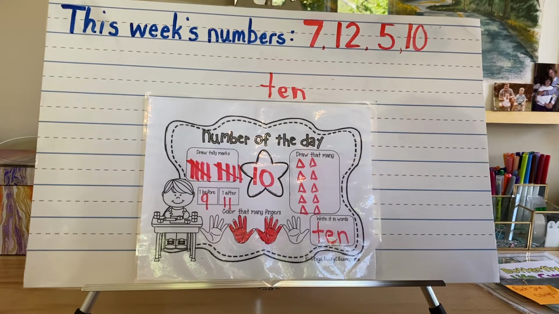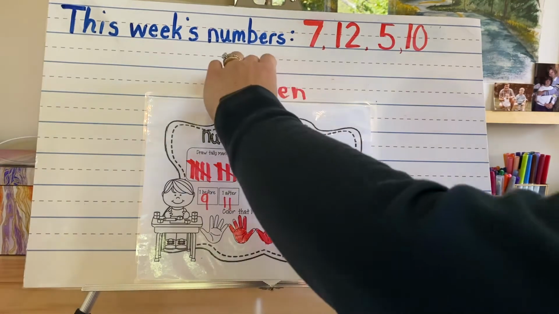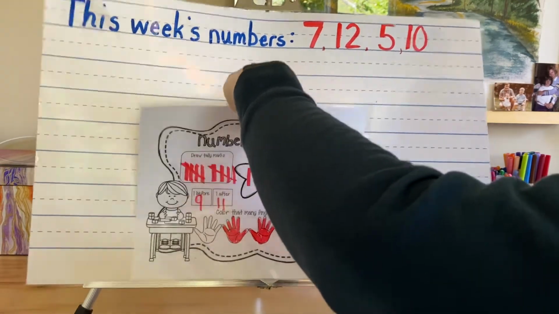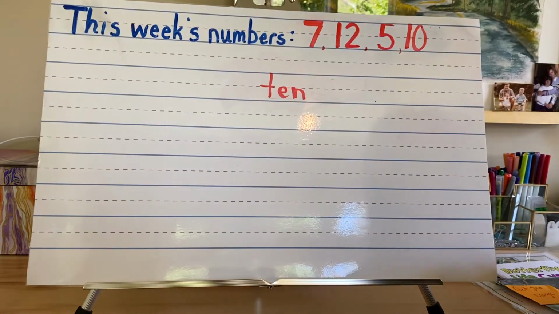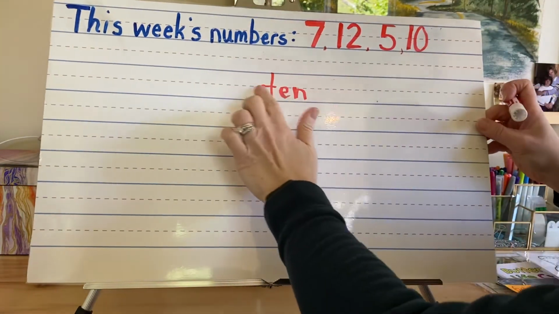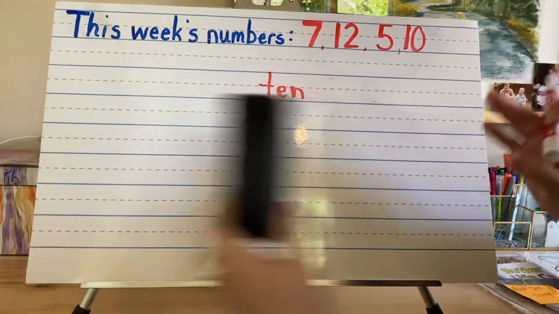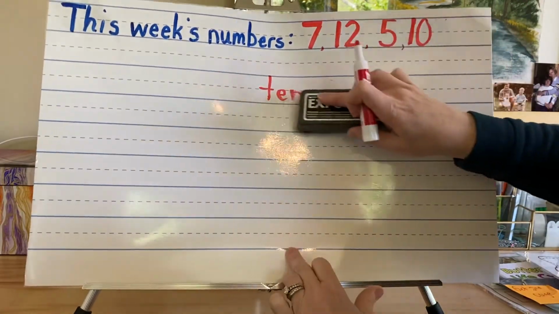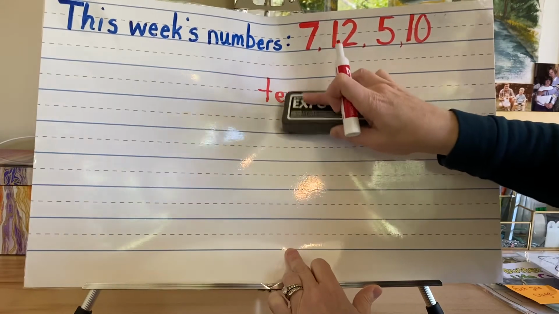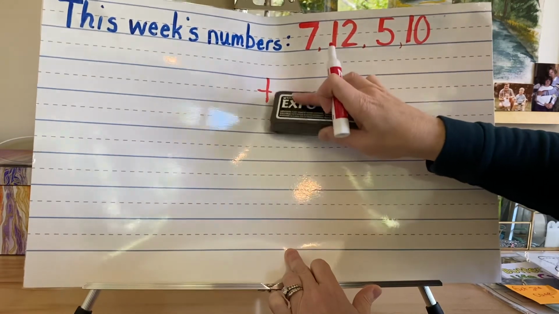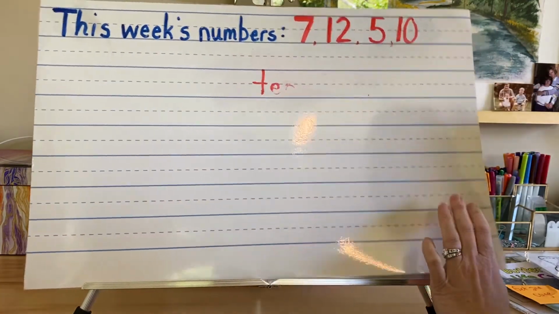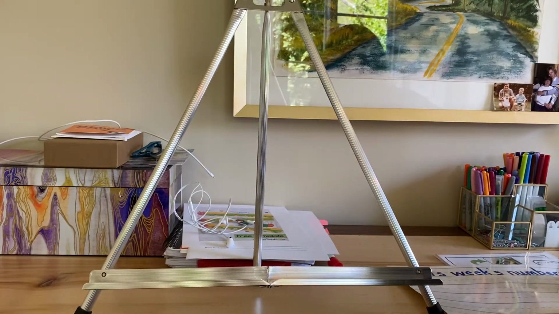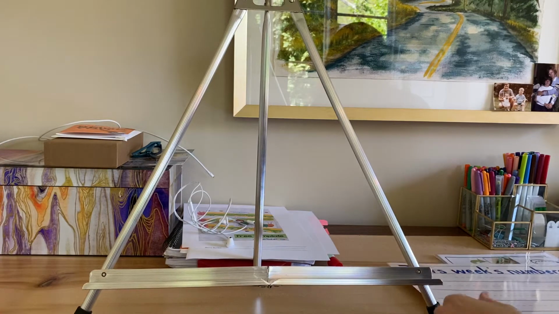Perfect. Okay, something else fun you can do, boys and girls. When you're done here, if you go into your writer's notebook, something fun that you can do inside your notebook is make what I call a number page, okay?